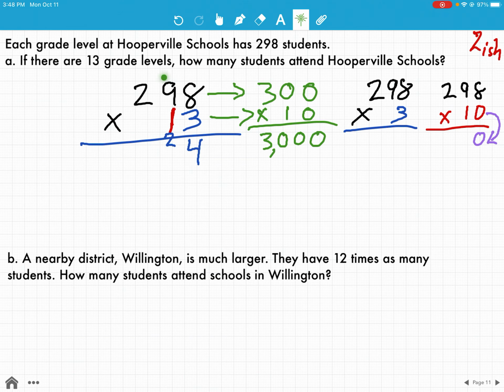Now I'm going to do 3 times 90 because this 9 does not represent a 9 by itself, but 90. So when we do that, this space here is taken up. So we're basically adding the 4 to it. So we have 9 times 3, and 9 times 3 is, that's right, 27.